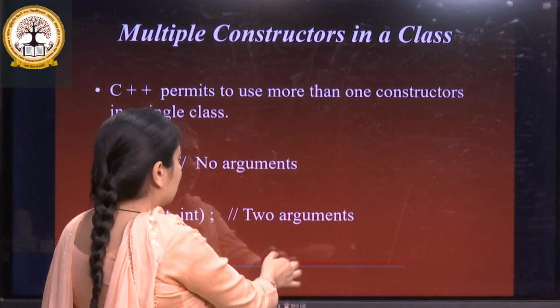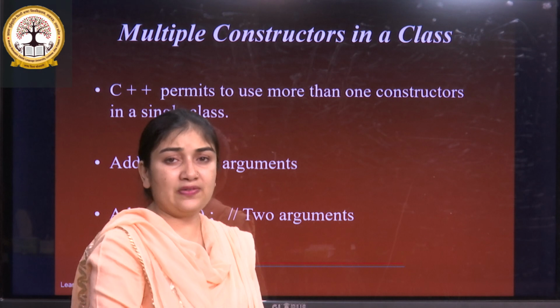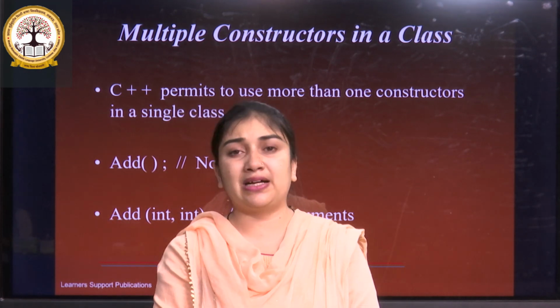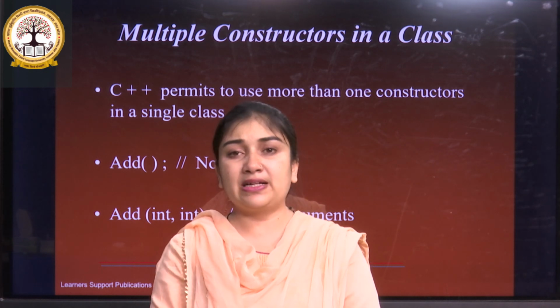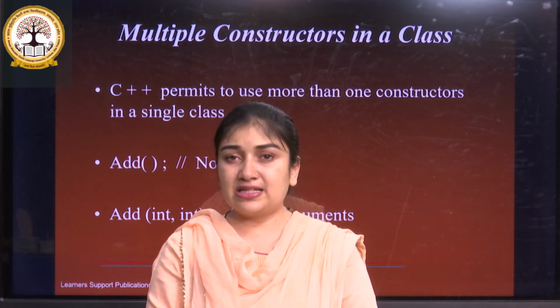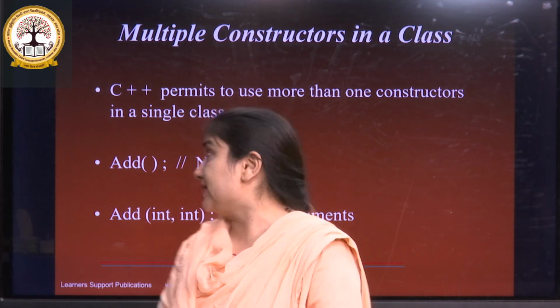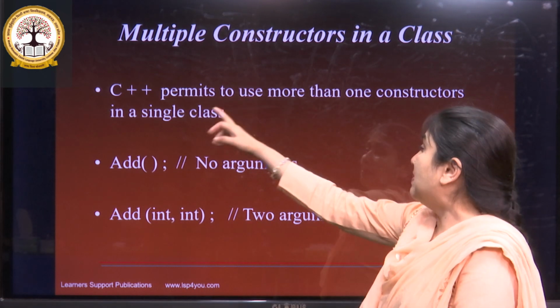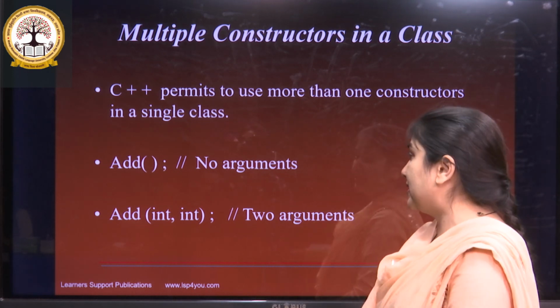It is not always necessary that a class will contain only the parameterized constructor, or the copy constructor, or the default constructor. A class can have multiple constructors in itself. C++ permits the use of more than one constructor in a single class.